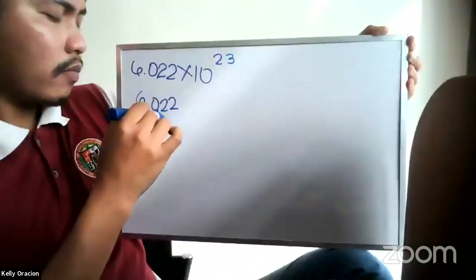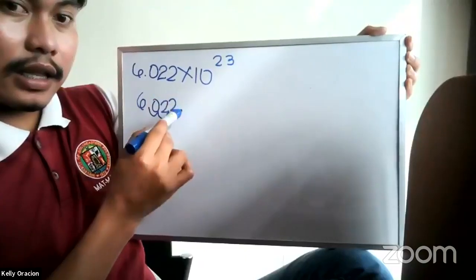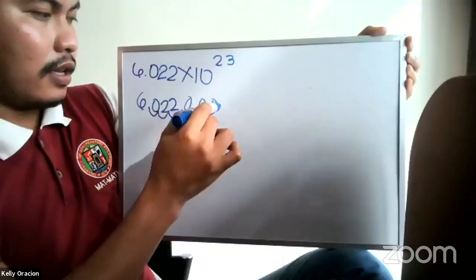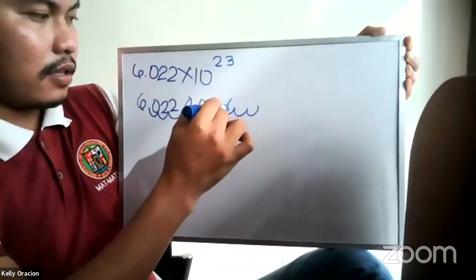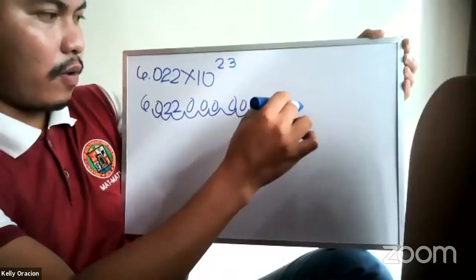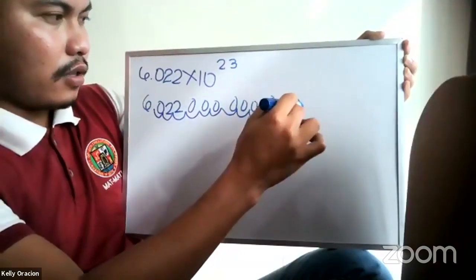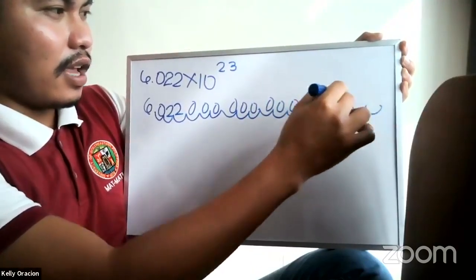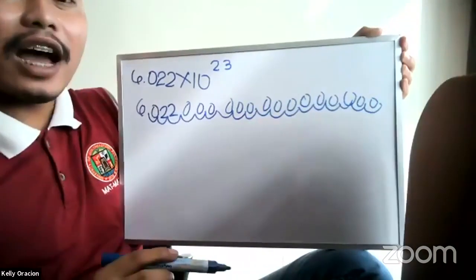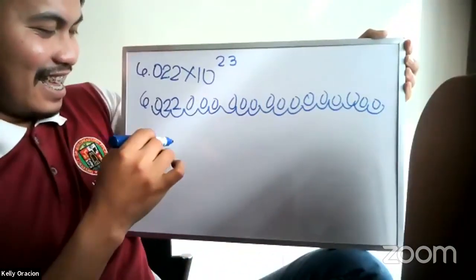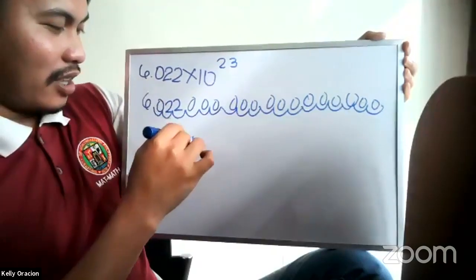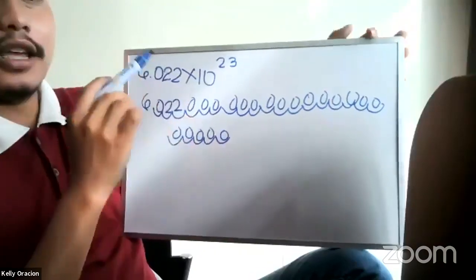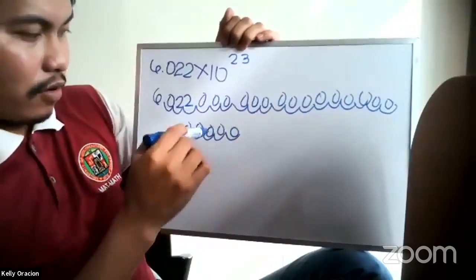So, let's have 1, 2, 3, 4, 5, 6, 7, 8, 9, 10, 11, 12, 13, 14, 15, 16, 17, 18, 19, 20, 21, 22, 23. Yan. So, to write it, para klaro tayo.